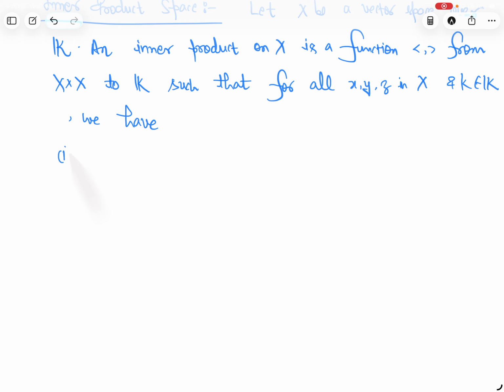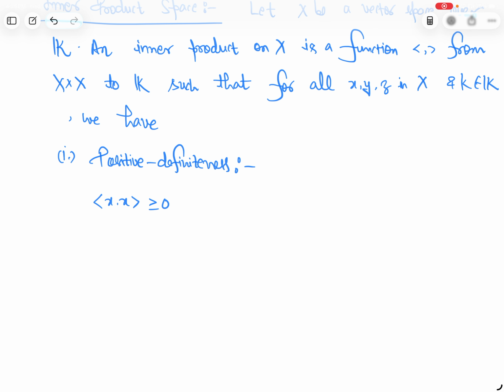Number one, positive definiteness. This property is called positive definiteness. It says that <x, x> is always non-negative.